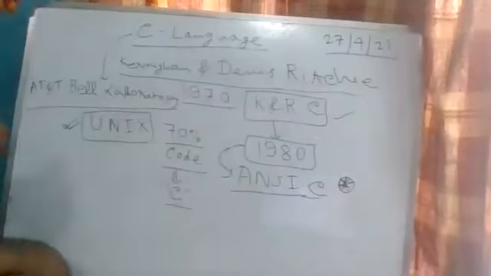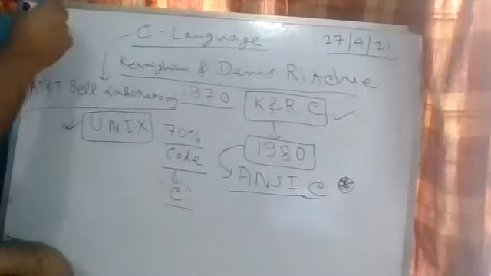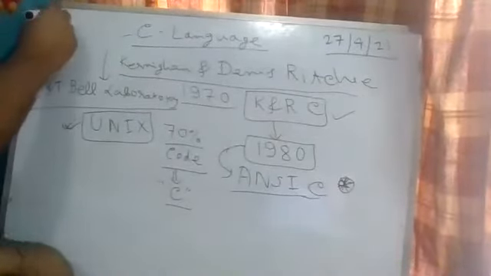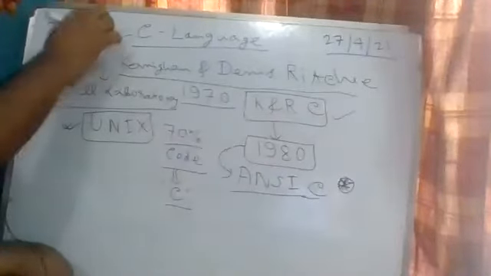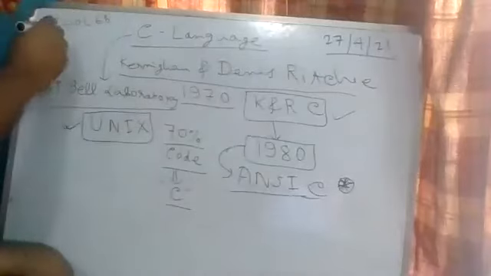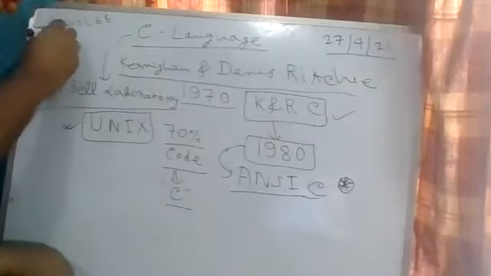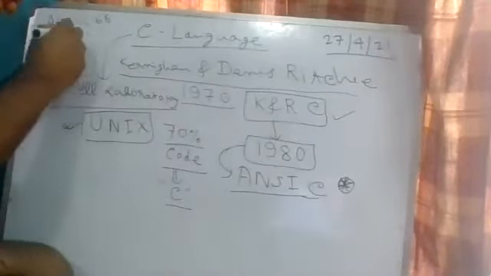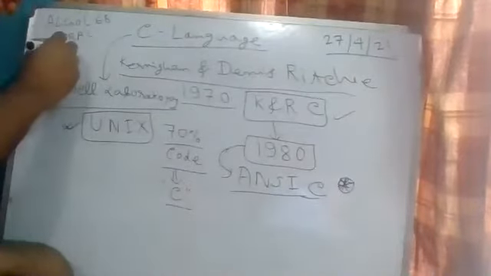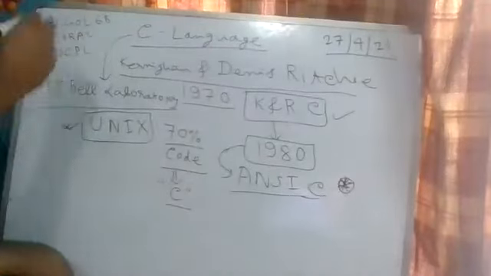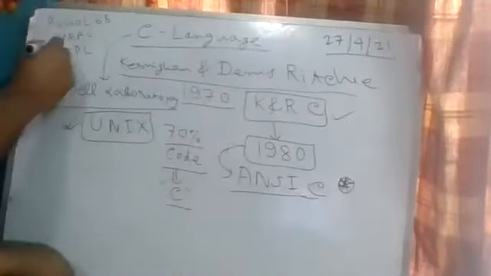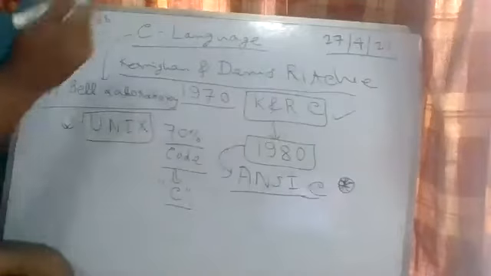Before C, there were some other languages like Algol 68, then Coral, then BCPL. And just before C, Fortran was also there.